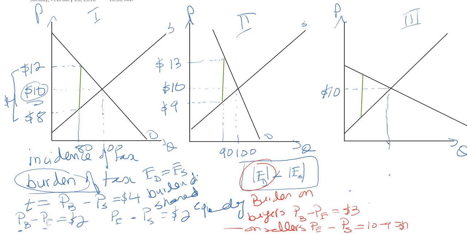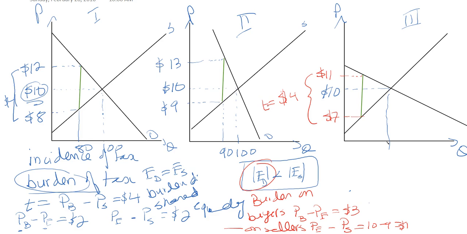In fact, with a tax now, maybe the price that buyers pay is 11, and the price that sellers receive is 7. The difference is still $4, which we said is our tax. But now the tax gets distributed quite differently than it was the case before.